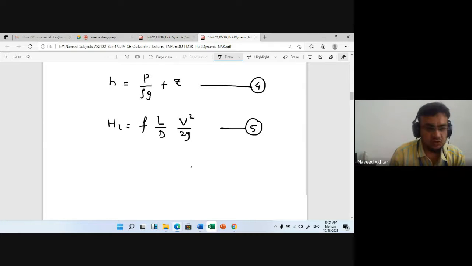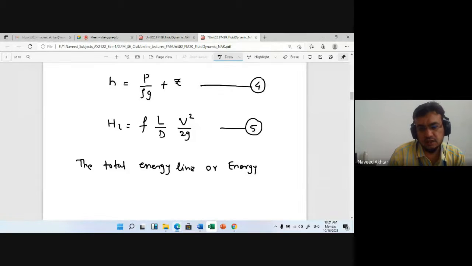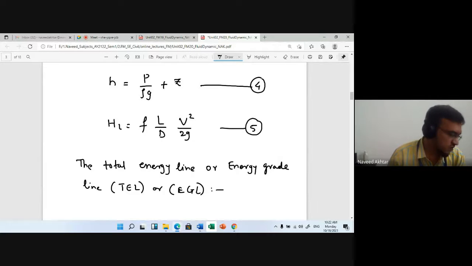So here I write down the total energy line, or energy grade line. Sometimes it is denoted by TEL or sometimes by EGL, whatever you write.